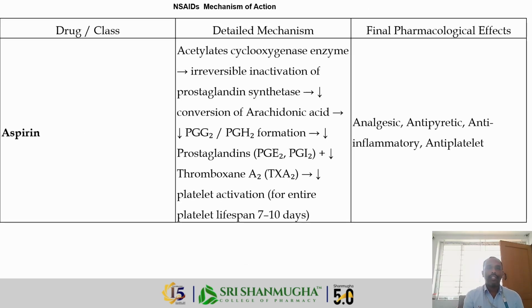Next we will discuss the detailed mechanisms of various NSAID drugs. First one is aspirin, which is known to be an analgesic, antipyretic, and anti-inflammatory drug. The detailed mechanism is that it acetylates the cyclooxygenase enzyme, leading to the irreversible inactivation of prostaglandin synthesis, leading to decreased conversion of arachidonic acid and decreased formation of PGG2 and PGH2, leading to decreased prostaglandins and thromboxane A2 levels.